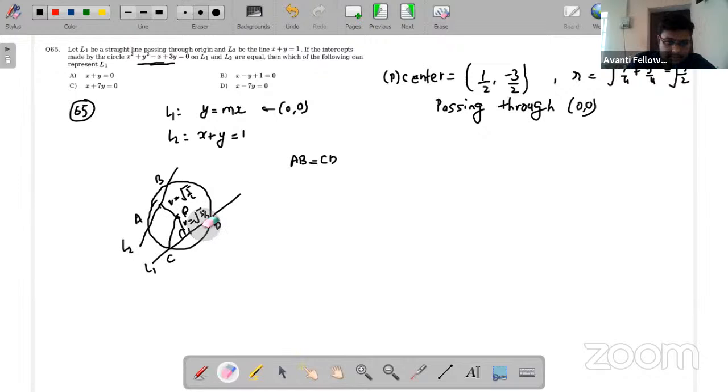Okay, wait a minute, I have made a slight mistake. This is not R. Actually, R is this one: CP and BP. These are both radius R. Okay, so this is a right angle triangle. We know that if we drop a perpendicular to a chord, then it will bisect. So CM is equal to MD, and AN is equal to BN. These two are also equal, means all these four will be equal, right?